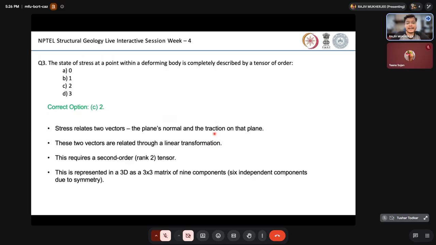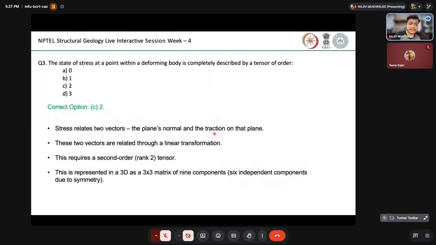And that's how, although we get a 3 by 3 matrix, it generally has only 6 independent components. And since this matrix is symmetrical and orthogonal, we can derive a determinant from that matrix which gives us the magnitude of the entire stress tensor, stress at a point.